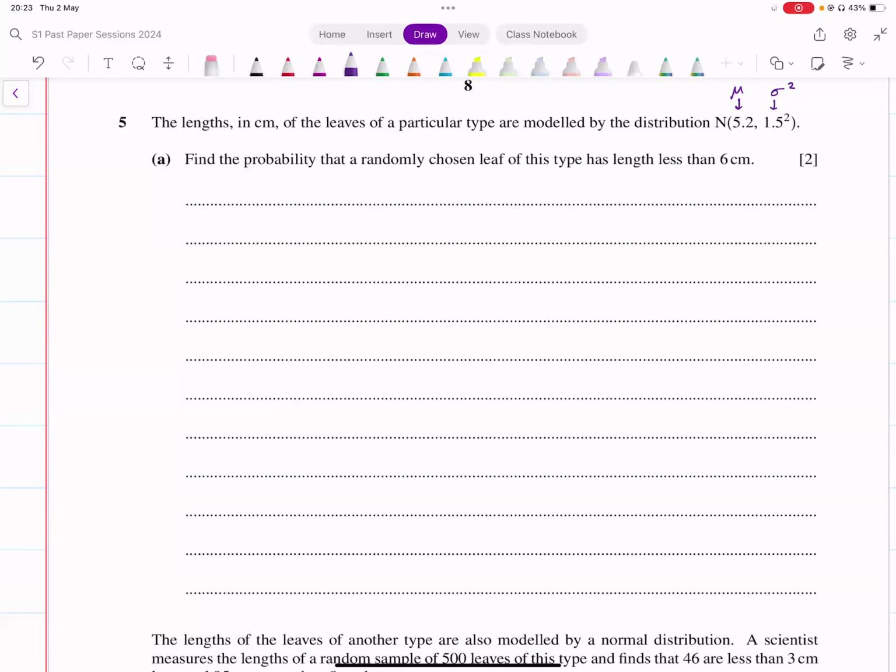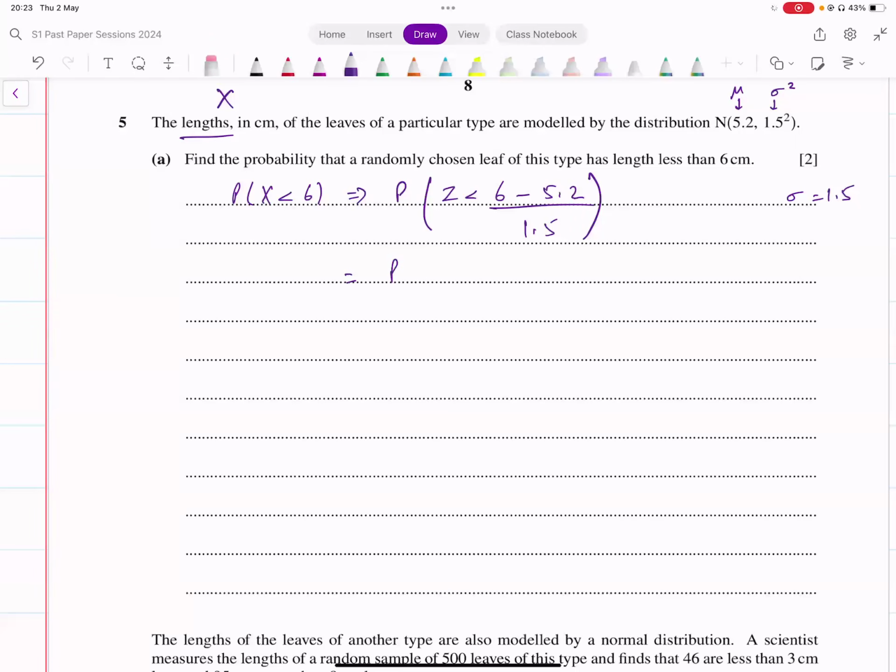Now this is a simple normal distribution, right? If we say lengths are denoted by X, we want to find the probability that X is less than 6. It's a normal distribution, so we convert it to Z first of all. It becomes Z less than (6 minus mu, which is 5.2) divided by sigma. Sigma in this case is 1.5, so we divide by that.